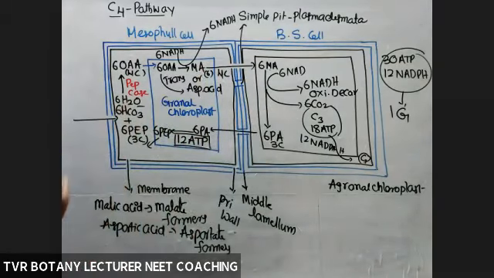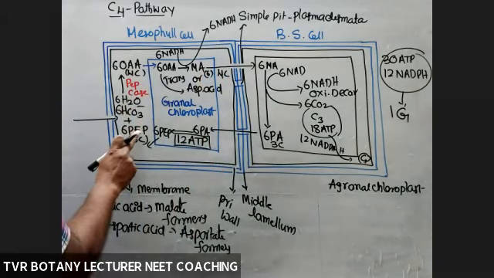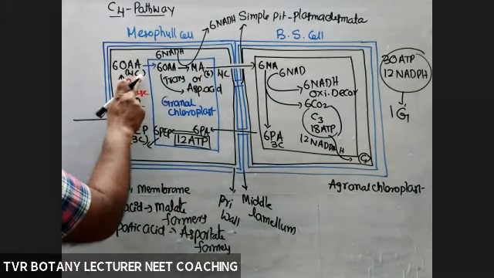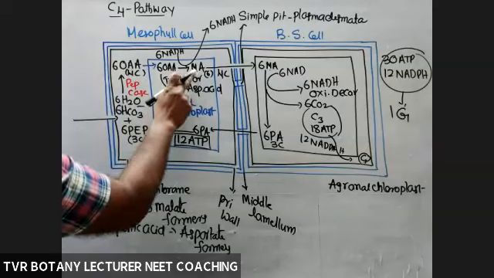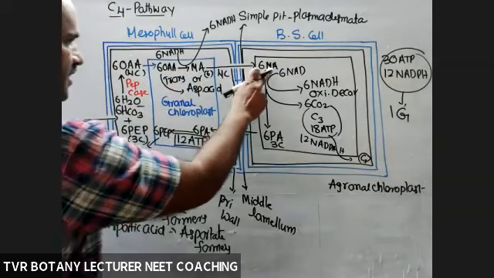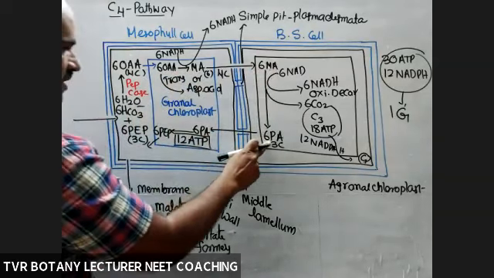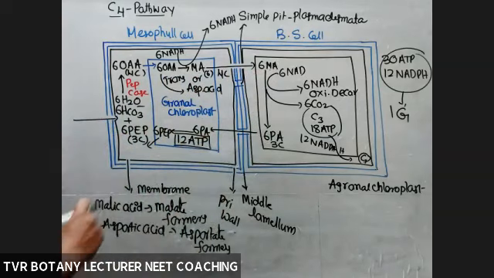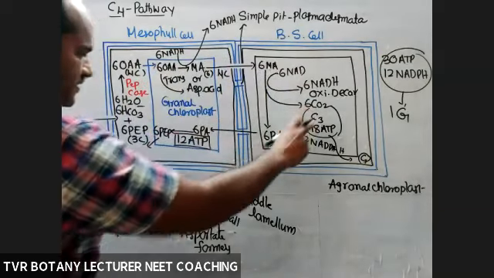Okay. Next, what are the carbon atoms? PEP 3 carbon, OAA 4 carbon, malic acid, aspartic acid 4 carbon, malic acid 4 carbon, pyruvic acid 3 carbon. That's it. Okay. So here, what is the purpose of the C4 cycle?